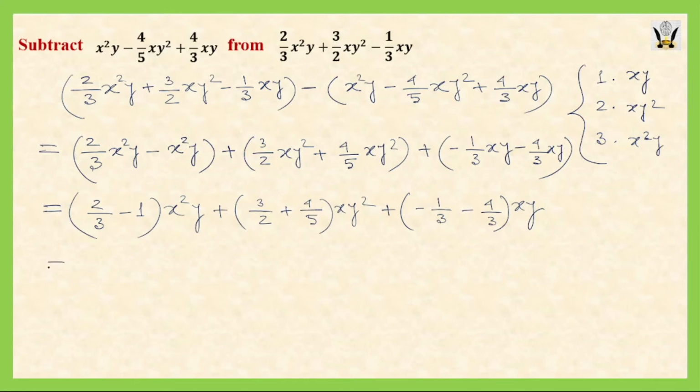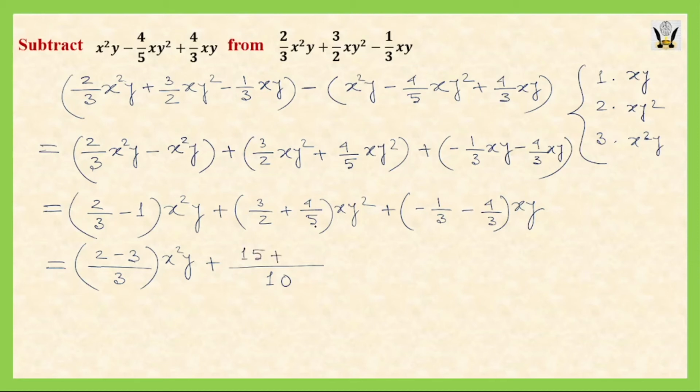Next what we will do, as we did for the previous two examples, we will take the LCM of the denominator and we will proceed with the numerators accordingly. So here the LCM is 3, and it will be 2 minus 3, then we have the term x square y. Then here the LCM will be 10, so 10 divided by 2, quotient will be 5, 5 multiplied by 3, it will be 15.